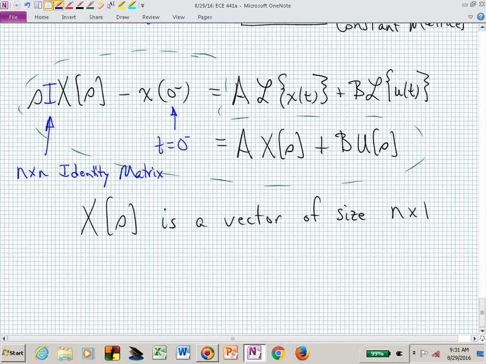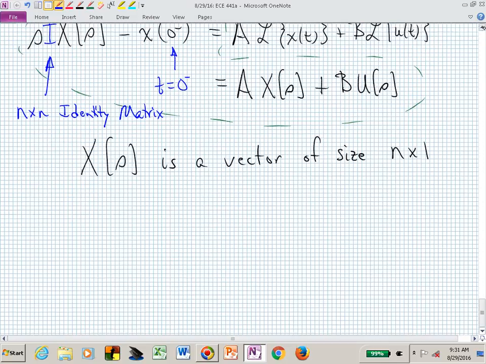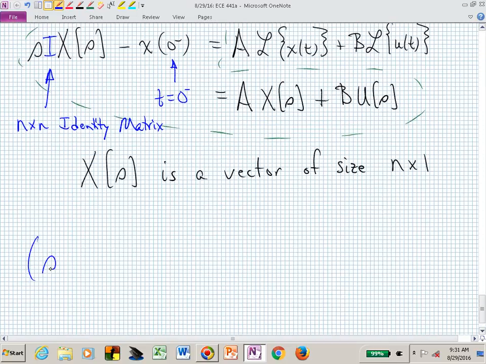But I need that placeholder so that I can now factor out capital X(s) in this first term, sI. I want to pull that AX(s) to the left. I now have minus A times X(s).